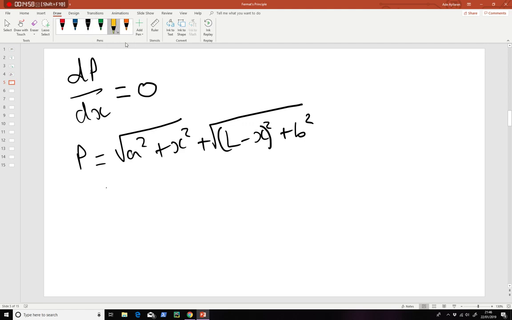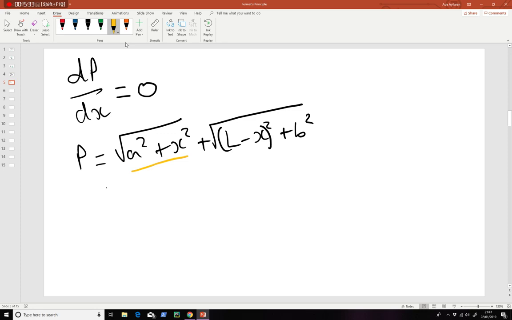Let's first of all handle the left side. So let's differentiate the left side of this addition sign. When we differentiate that, we are going to use chain rule. This square root is basically everything to the power of a half. So chain rule says that we can differentiate what's inside the brackets, take it outside, multiply by the power, lower the power by 1, in a nutshell.